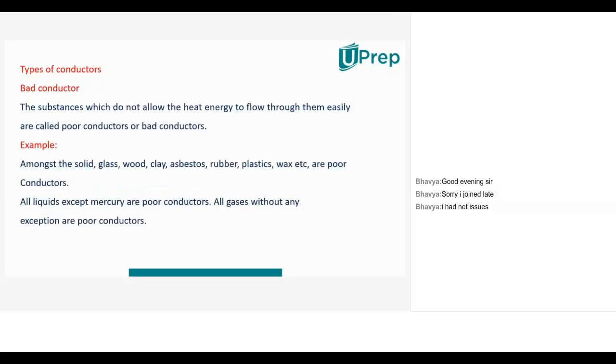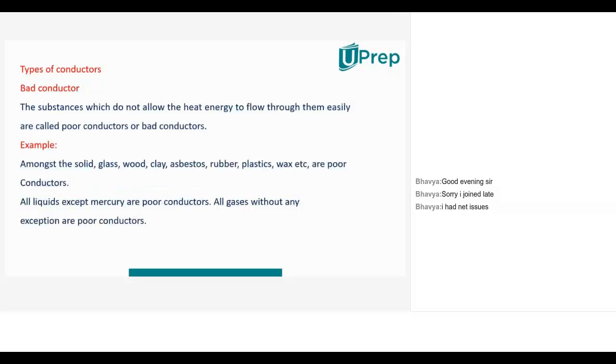Okay, Bhavya, try to listen, try to understand the things, and maybe you will get some idea. So for bad conductors, you can give me examples like this. If I ask you in examination whether asbestos is a good conductor or bad conductor, you have to say it is a bad conductor. So you have to remember these examples, but you also have to understand what a bad conductor is.